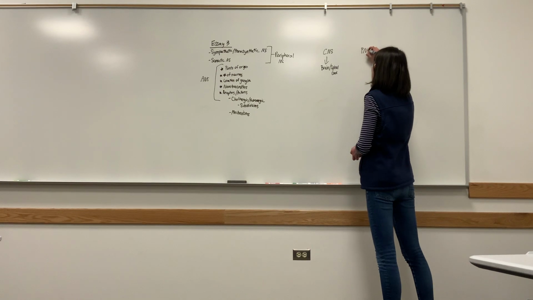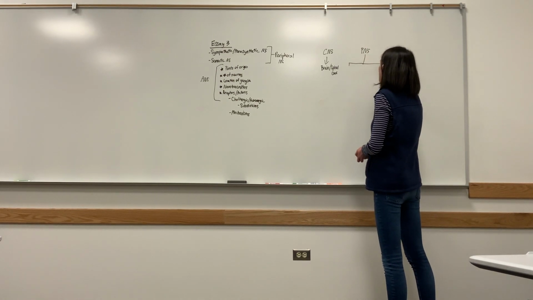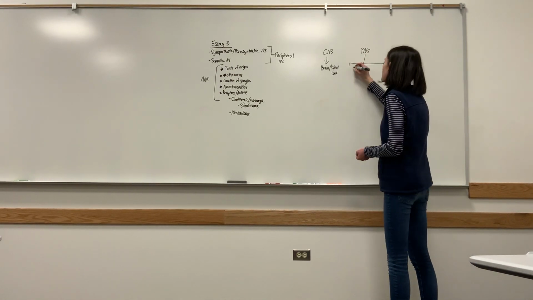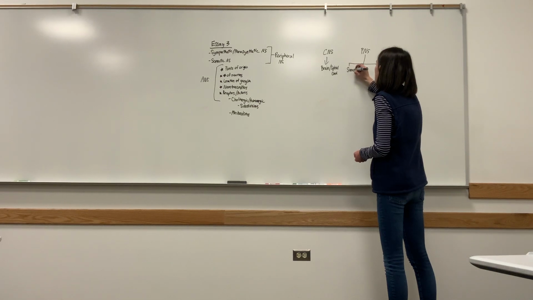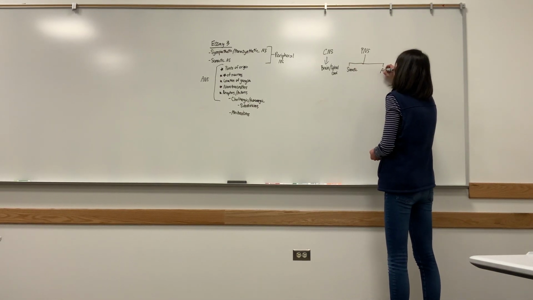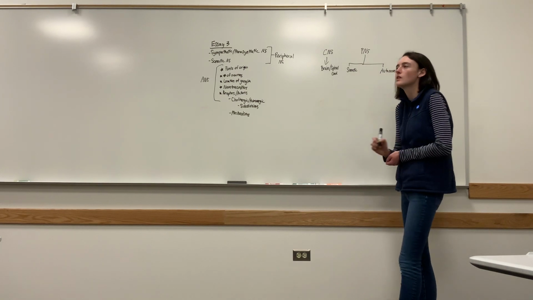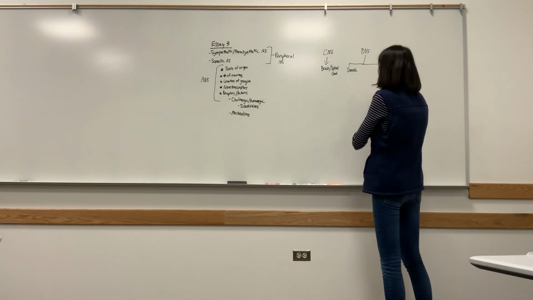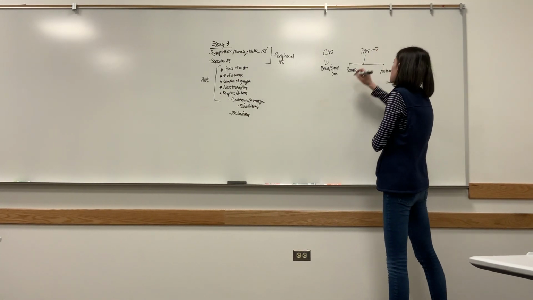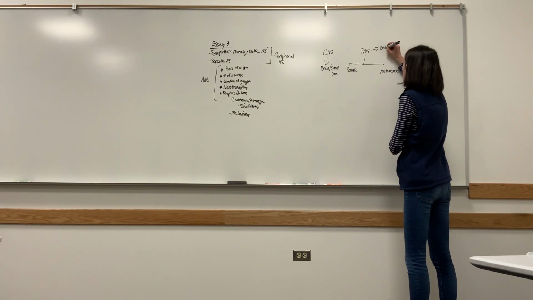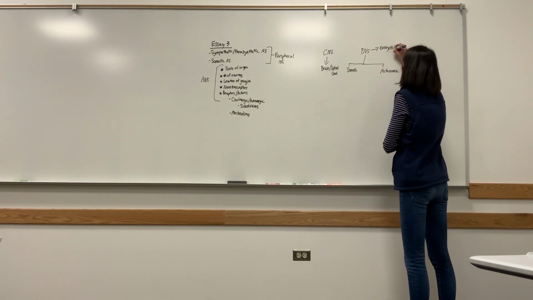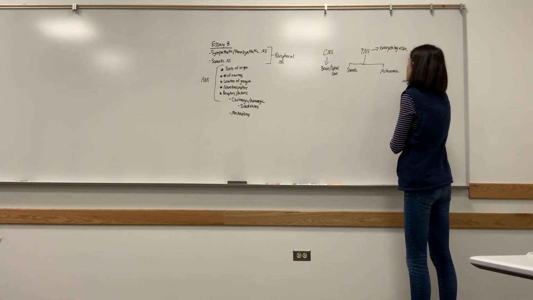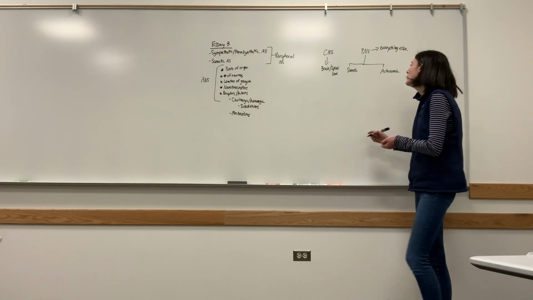And then we have the PNS, like I said before, which is going to be subdivided into the somatic and the autonomic nervous system. One thing I failed to mention, the PNS is going to cover everything else. So it's going to cover everything that is not the brain and the spinal cord.